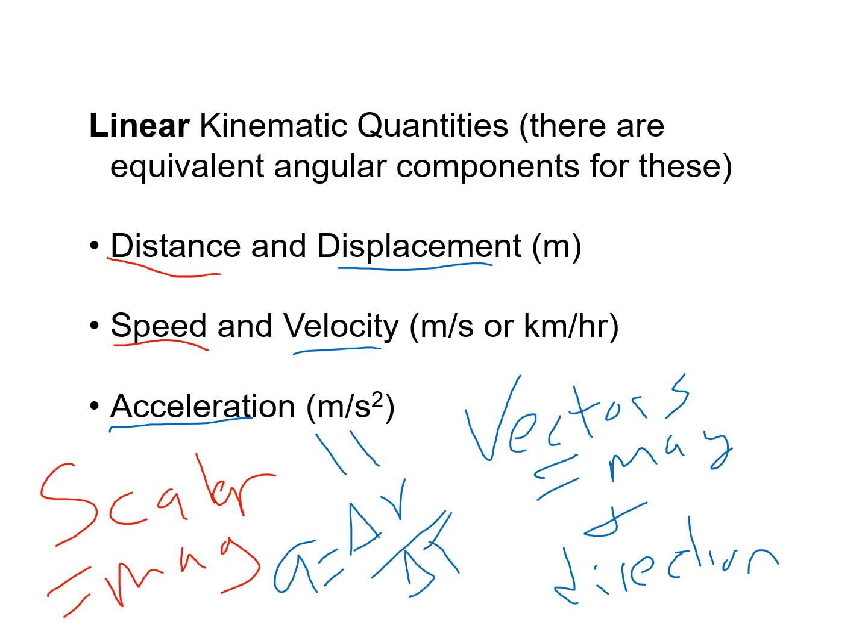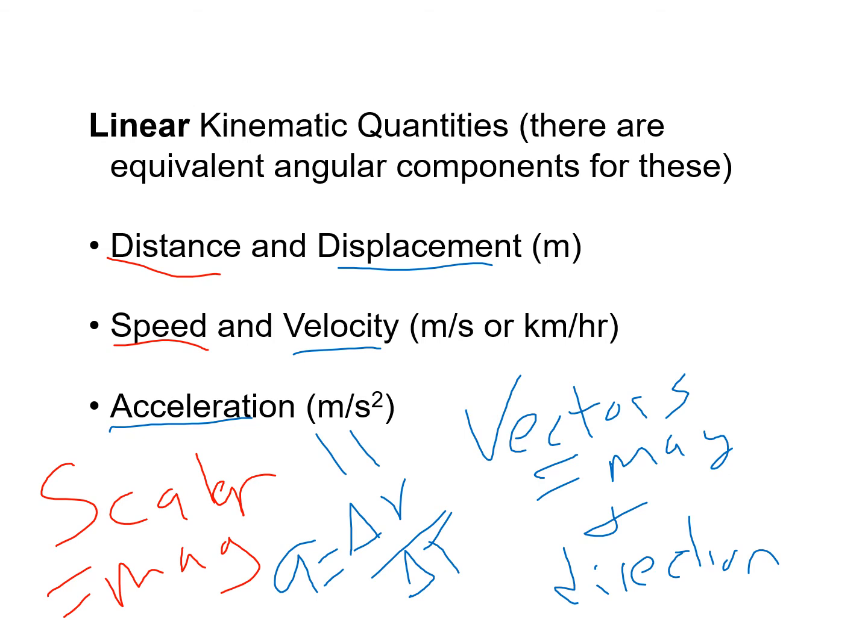So we see acceleration when there is a change in velocity over time. You can have an acceleration if the magnitude of velocity increases, if the magnitude of velocity decreases, or if the direction component of velocity changes.